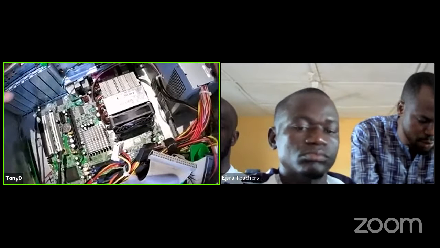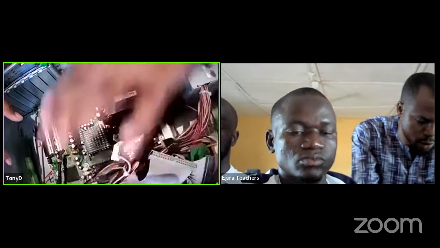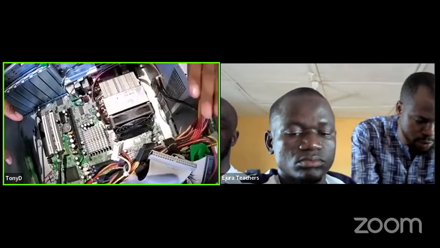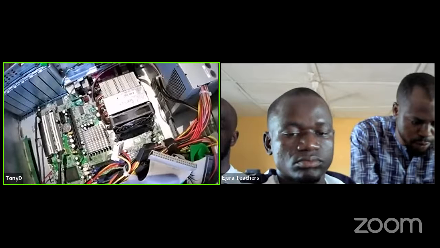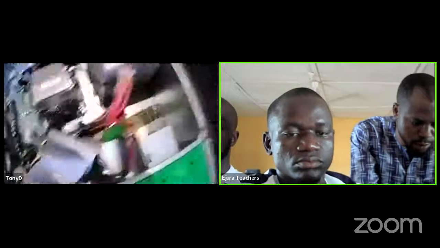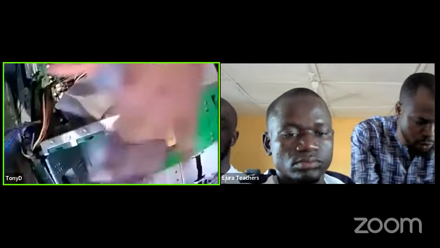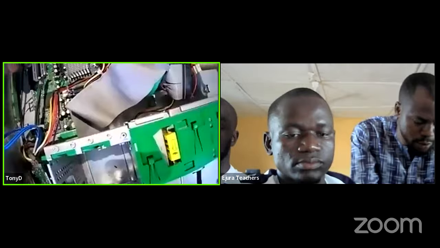We can call it the tower, or we can call it the computer. Why are we calling it the computer? Because this case contains all the components of the computer, including the CPU.